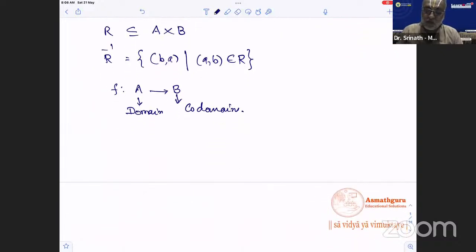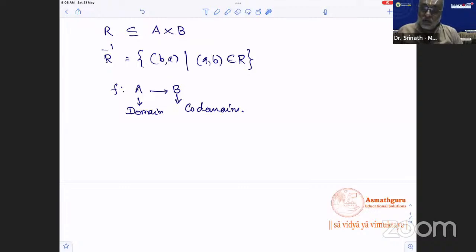What is so special about this function? Every element of A is associated to a unique element in B. That means no two elements can go to the same element and no element can be left over. So that's the speciality of a function. Again, we talk about range and other things.